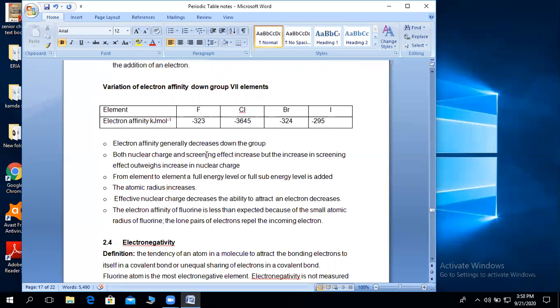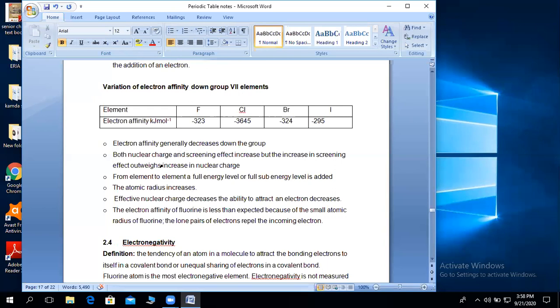Because from one element to another, there is an extra energy level that is added, but the number of electrons remains the same in the outermost energy level. So they screen each other. So the outermost electrons are shielded from the nuclear attraction, and also atomic radius increases.